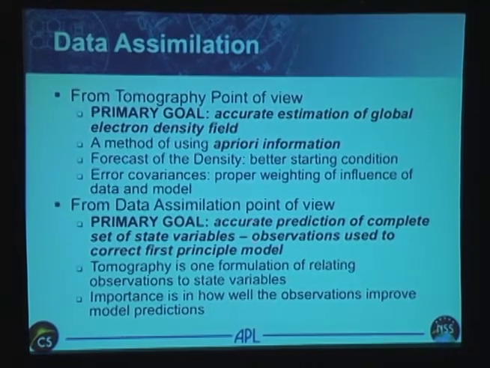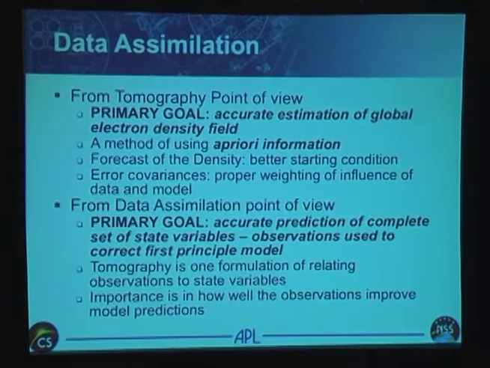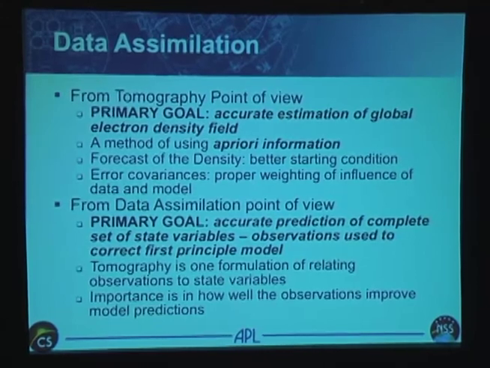So from a data assimilation point of view, tomography and what we've been doing here is just one of many ways that you can get data into a first principle model and help correct it. And the goal there is how well do the observations improve the model predictions. I mean, we've heard about this quite a few times here, but there are societal reasons to be able to predict things 6, 12, maybe 72 hours in advance. That's a function of trying to get models that can predict that, and the data is used to help them do that. At least that's kind of my view on that.